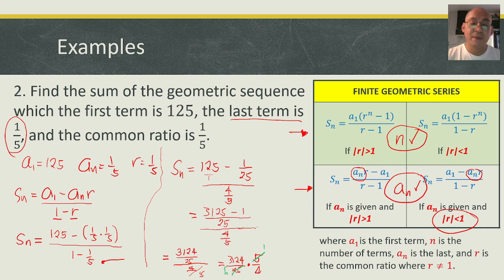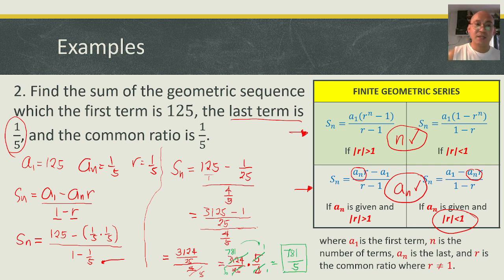We can also simplify 3,124 and 4, that will give us 1 for 4, and here is 781. So we can simply multiply the two fractions. 781 times 1 is 781, and 5 times 1 is 5. Therefore, the series of the n terms that we have is now 781 over 5.